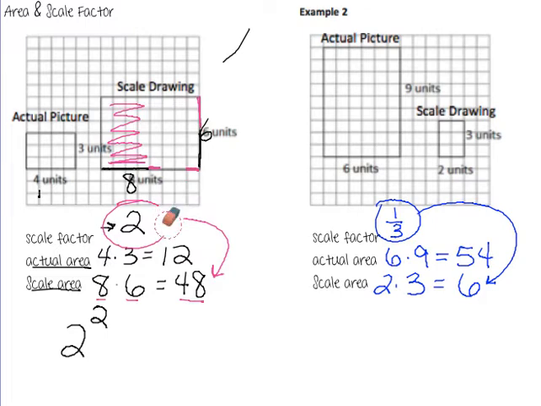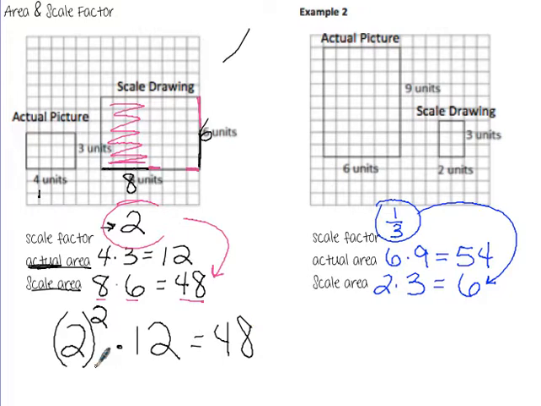So we'll go over more of the explanation in class, and right now I'm just going to focus on the math of it all. So if I take the actual area and multiply it by my scale factor squared, it should give me my scale area.